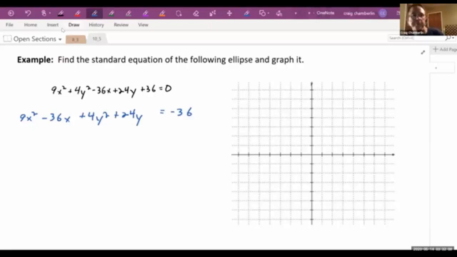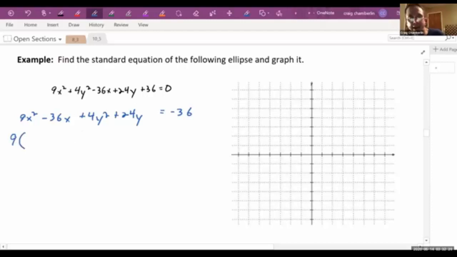Nobody remembers? I think you're just being shy. You need a 1 in front of the x squared. Remember that? So you could divide through by 9 to get a 1 in front of the x squared, but it's easier, better just to factor it out for the time being.